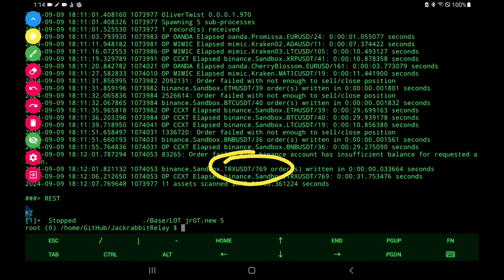Now this is critical to understand because this is what is going to kill a linear, thorough process of checking every single order. So in 769 orders, it processed the entire list in 0.03 seconds.